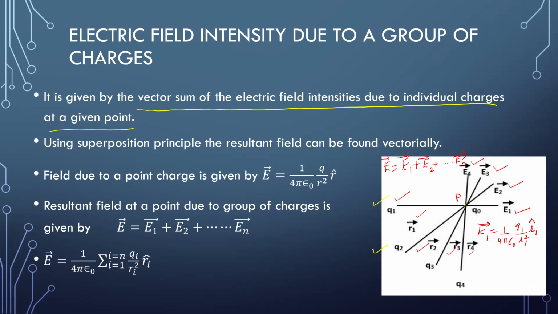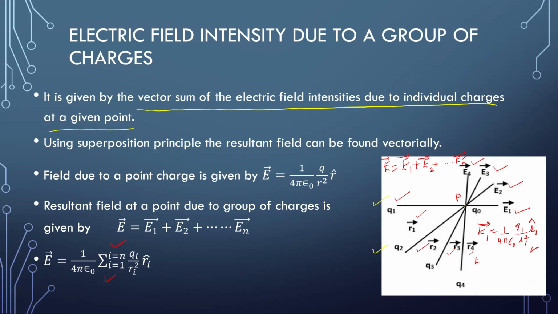Similarly, I write it down for E2 and E3 and En, and hence we write it as E vector is equal to 1 upon 4 pi epsilon naught, which will be common, we take it out, summation of i is equal to 1 to n, Qi upon Ri square into Ri cap. So when I substitute i as 1, I get this expression.